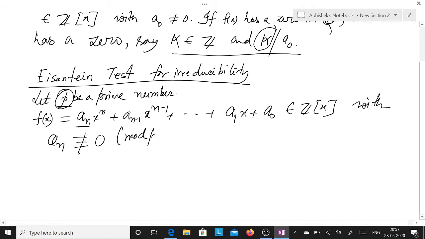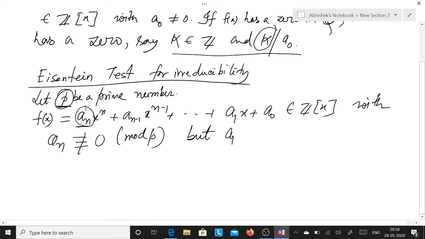That means this prime will not divide the leading coefficient. But in case of the other coefficients, yes, it will divide.